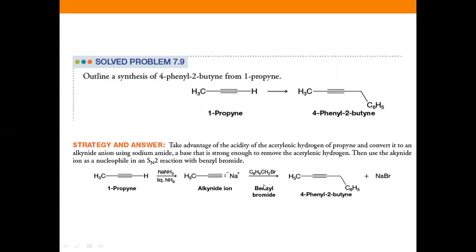So that's your benzyl bromide. This is a 1 degree alkyl halide because the bromine is connected to CH2, a primary carbon. It's not connected to the ring. So this is a primary alkyl bromide, and it can proceed with a substitution reaction via the SN2 mechanism. And you get your product.